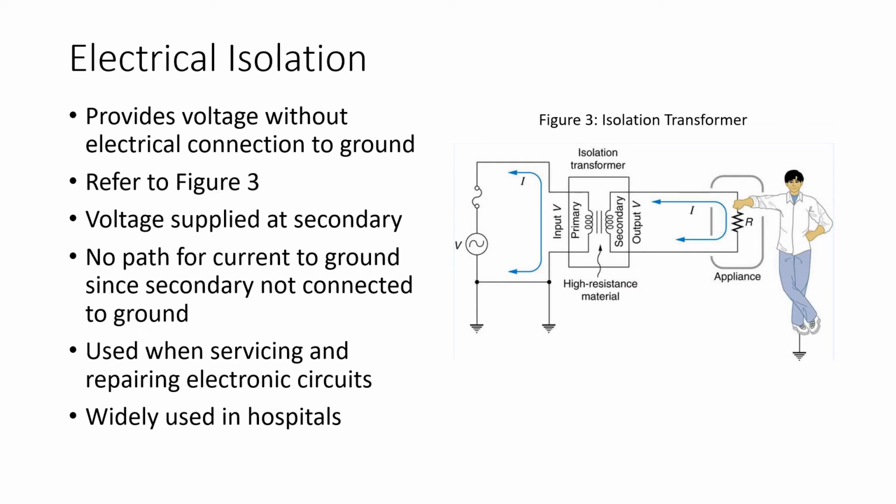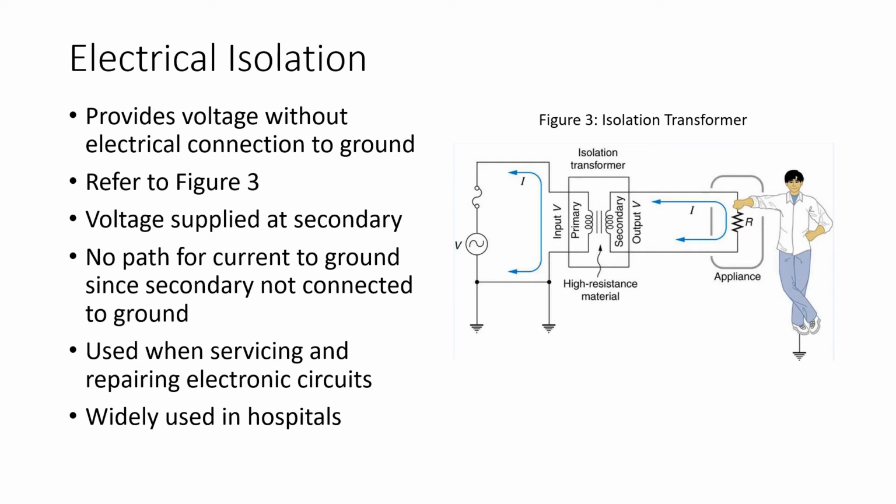Now, another application for transformers is to provide electrical isolation. So, referring to the diagram in figure 3, notice that we have a voltage applied to the primary of the transformer. And one side of that voltage source applied to the primary has a connection to the earth. This is the earth ground schematic symbol shown.